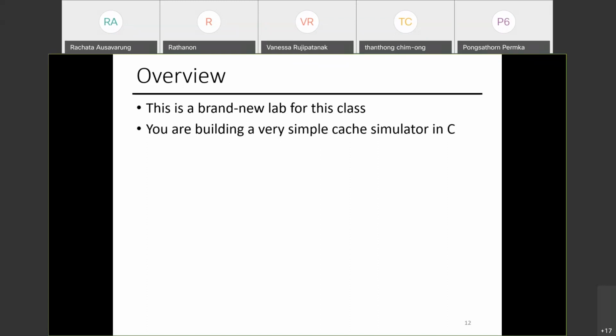What you need to do is build a really simple cache simulator, right? What is a simulator? A simulator is a program that behaves like and simulates what you want to build. So how many of you play, okay, I'm gonna sound so old, Roller Coaster Tycoon and The Sims and all those games? Yeah, they simulate something, right?